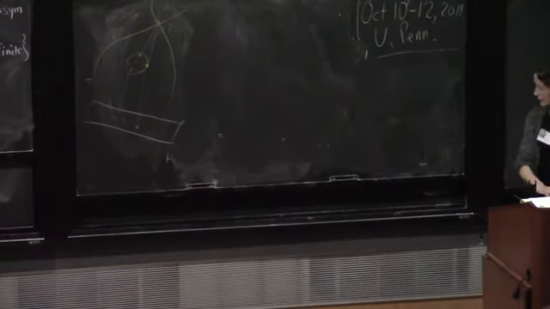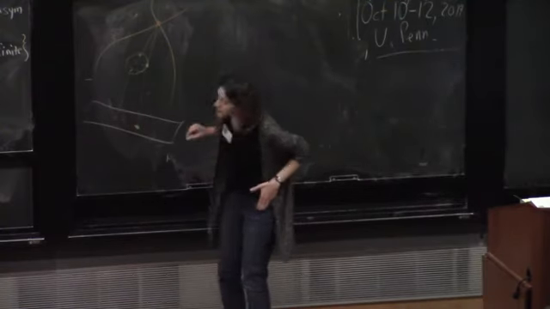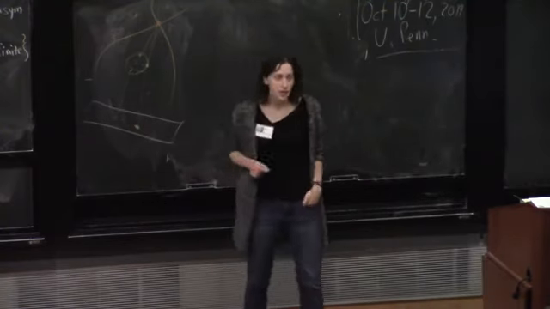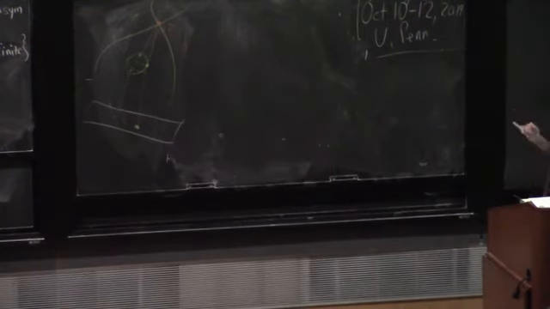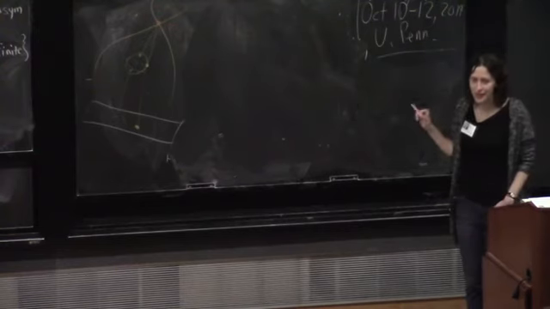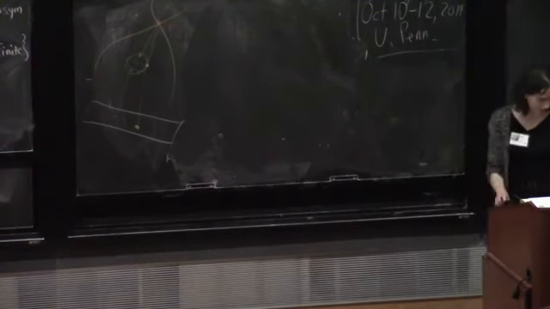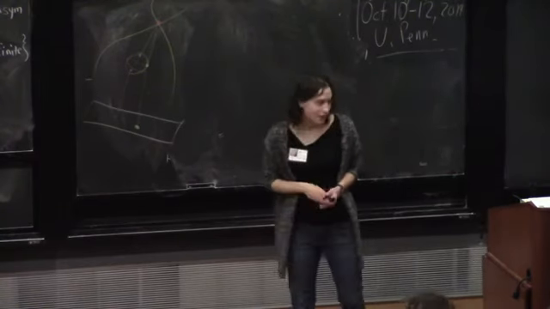And if you took the image of just those points where it branches in P2, it turns out you get a sextic curve. Normally I find these computations a little bit mysterious, but this one actually makes a lot of sense. So let me convince you that this is a sextic curve.